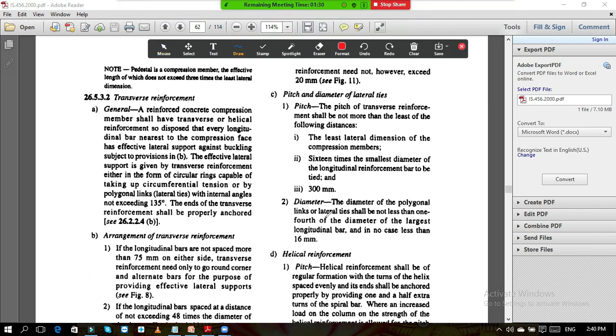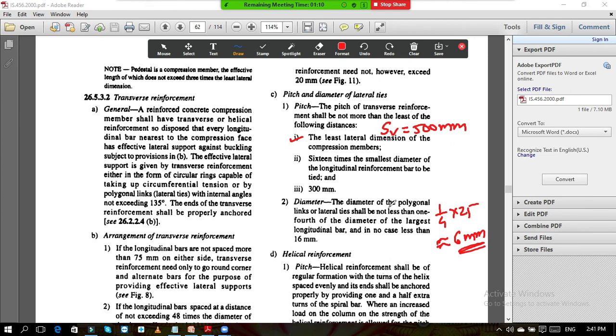For diameter, we have already finalized it: 1/4 of 25, nearly equal to 6 mm. Now the least lateral dimension of the member: in the first case Sv is equal to 500 mm, since 500 by 500 is our column size.